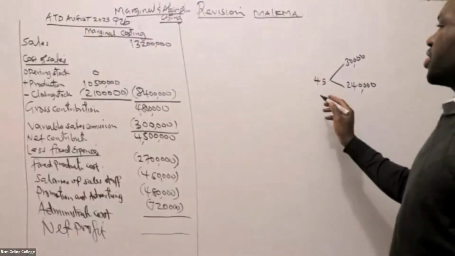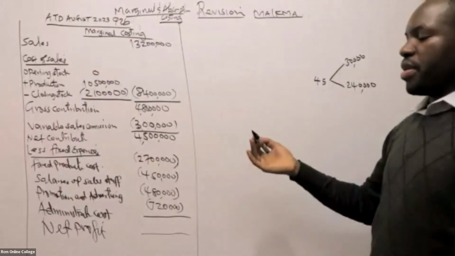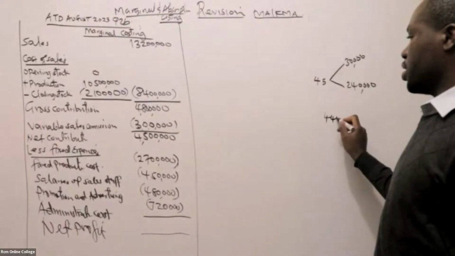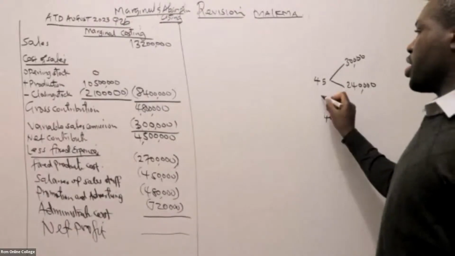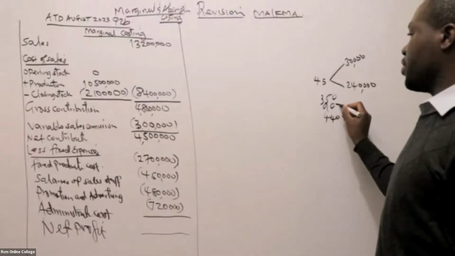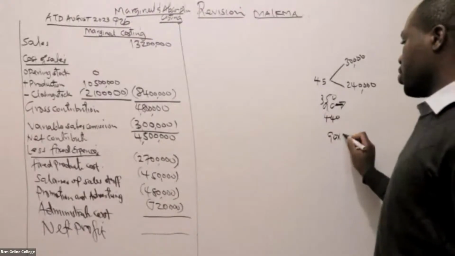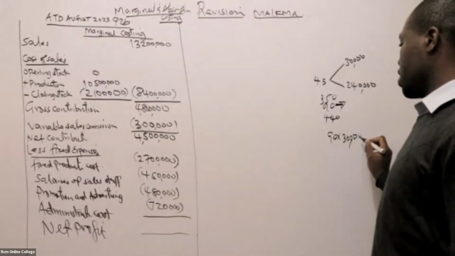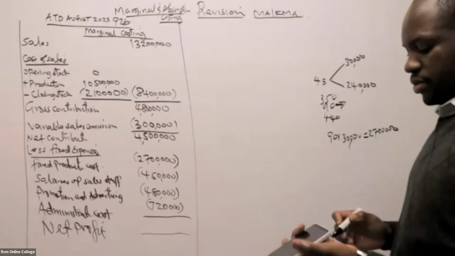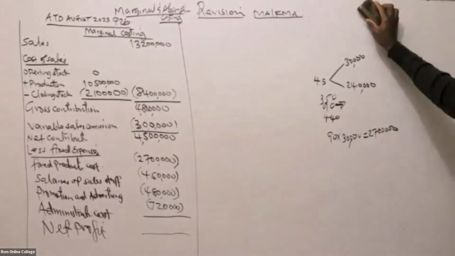Alternatively, look at the absorption cost per unit. The absorption cost per unit we have is 440. How did you get the 440? It was the marginal cost plus fixed production overhead per unit. So 90 times the units that were produced is also taking me back to 2,700,000. So I hope I've answered your question.